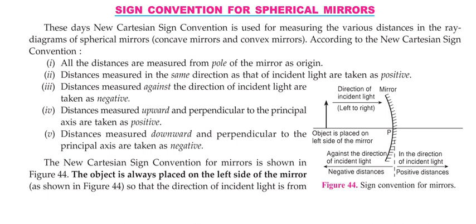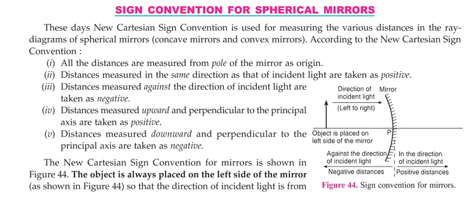Now, what is the first rule? The first rule is that all the distances are measured from the pole of the mirror as origin. Whether it is left side, right side, upside or downside, you have to measure all the distances from the pole, because the pole is the origin.